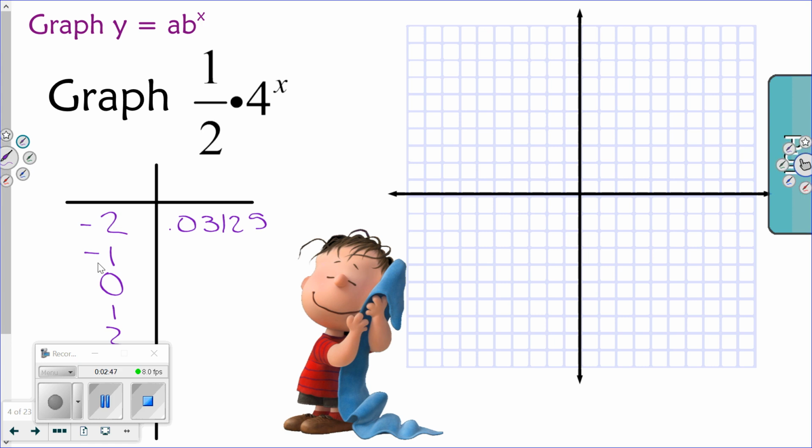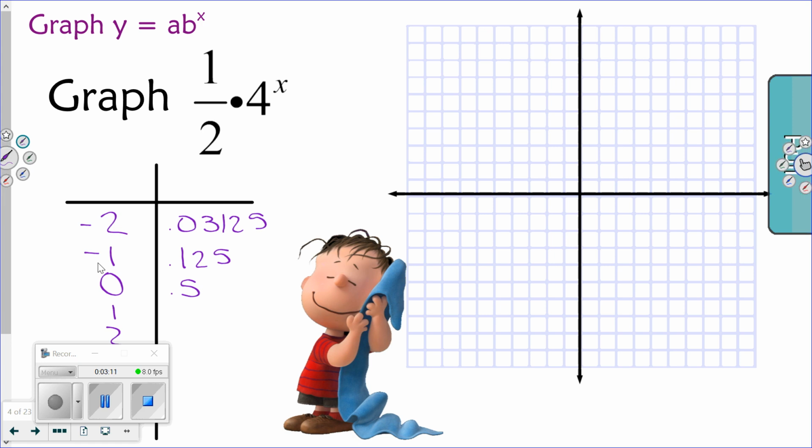What about if I plug in a -1? 0.125. Okay. How about I plug in a 0? I heard a 0 and I heard half. It's half. I'll go 0.5 since we got decimals going on there.